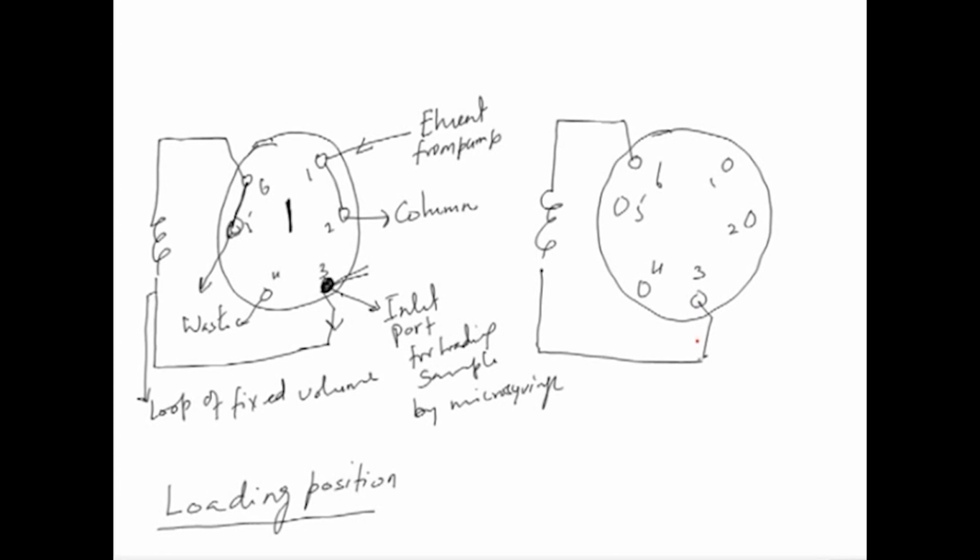So, what was the situation here? The eluent from the pump is coming here, and this is to the column. Now, here if you see, this knob will shift to the injecting position.